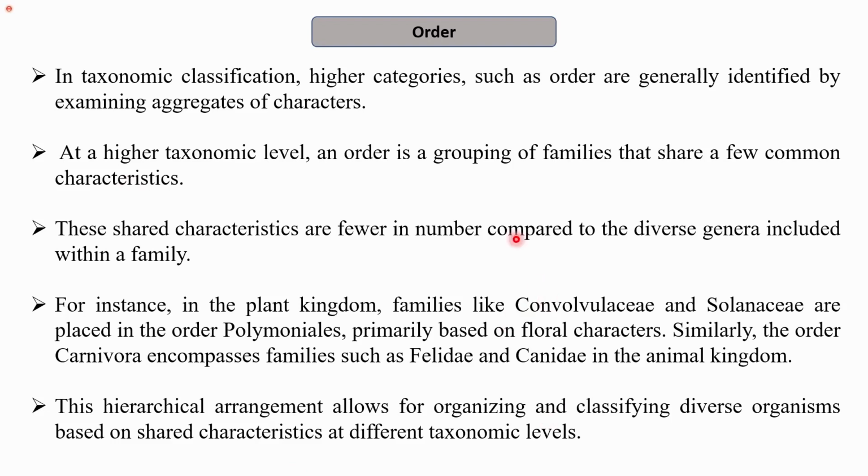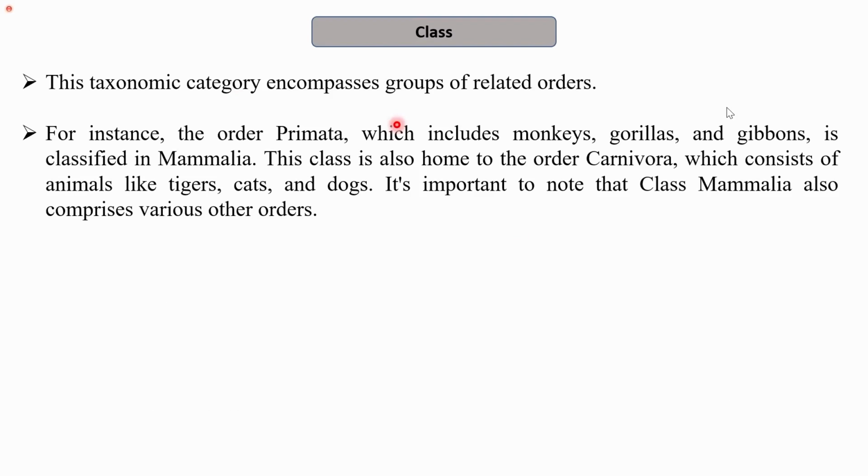The next is class. Class encompasses a group of orders. For instance, the order Primata, which includes monkeys, gorillas, and gibbons, is classified in the class Mammalia.